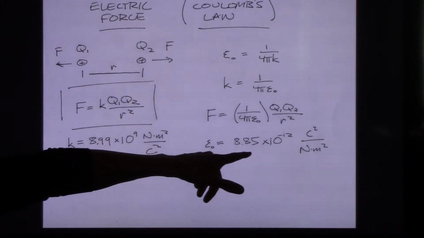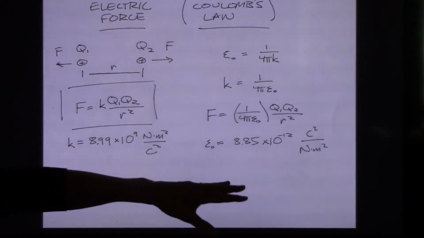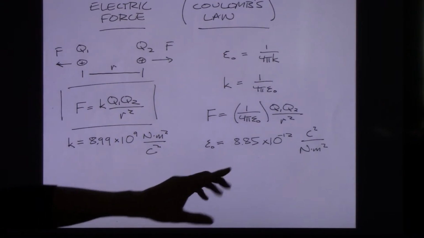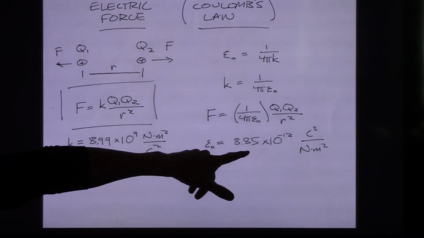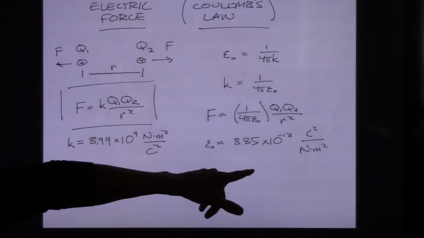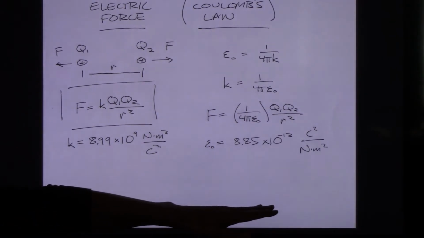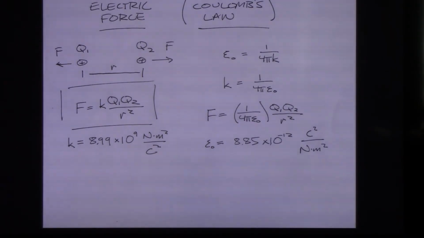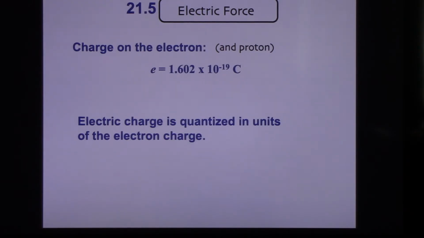I think the epsilon naught approach is less obvious. In any case, from time to time, I'll refer back to this, and you're certainly going to see this in the textbook. You're welcome to use either approach you want to use. So I apologize for the fact that we've got these two competing electric force constants to deal with.